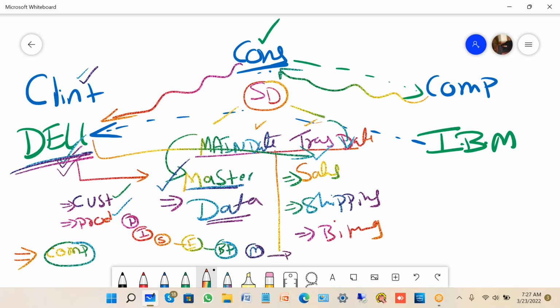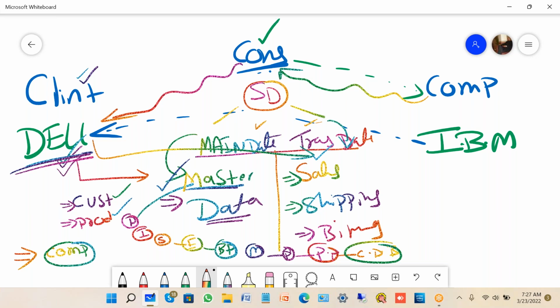Do you find changes happening in these areas very frequently? Does the plant of the company change very frequently? No. That's the reason they come under master data.